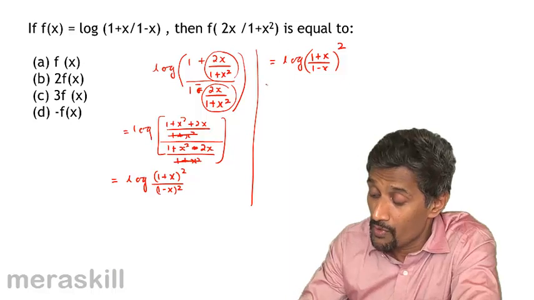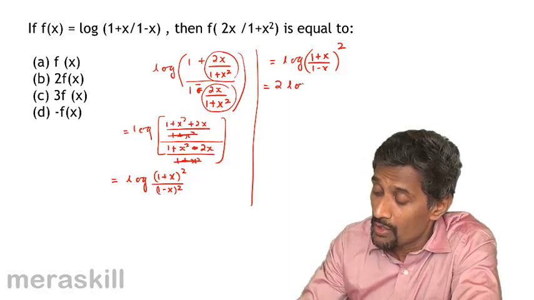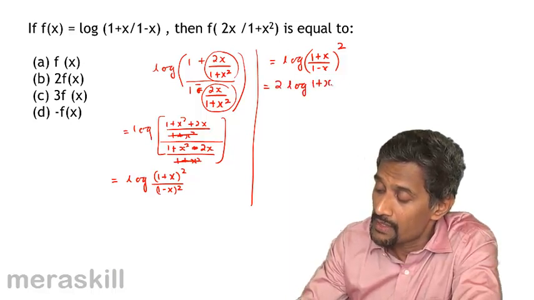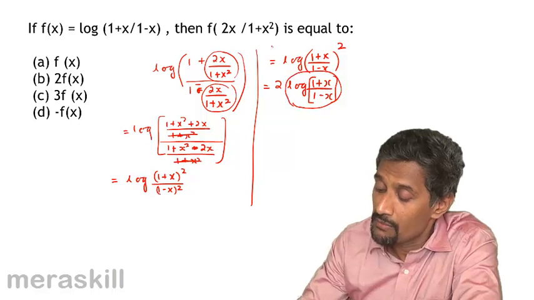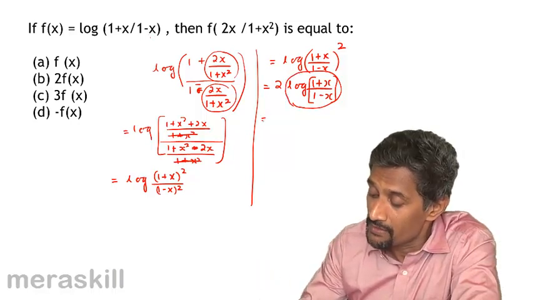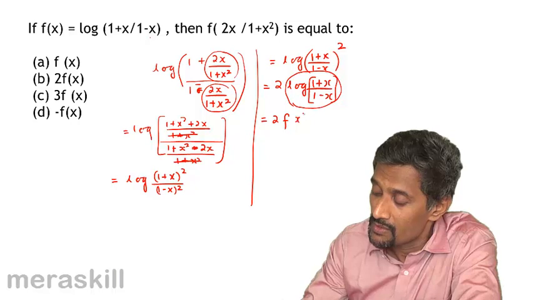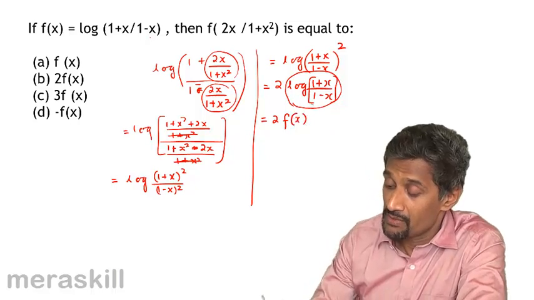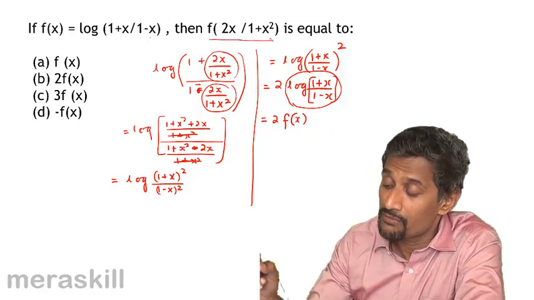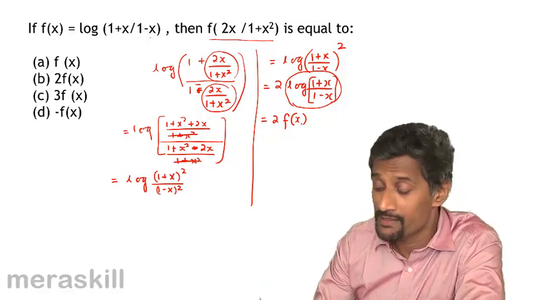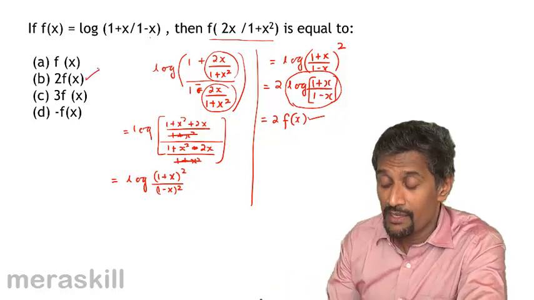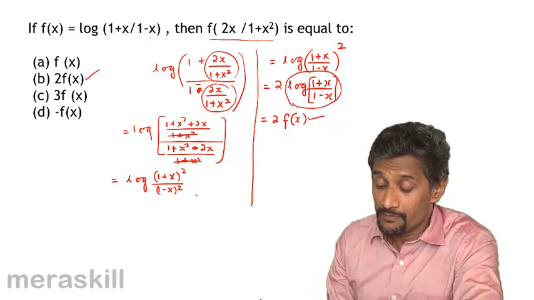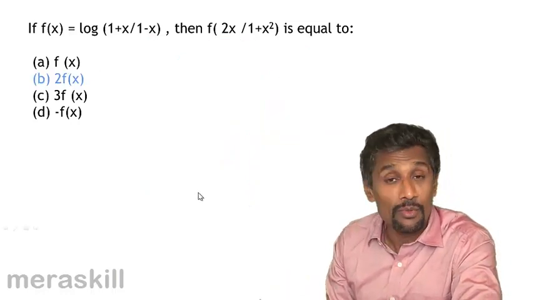As per the rules of log, this will turn out to be 2 log of 1 plus x upon 1 minus x, the most simplified form. But this log of 1 plus x upon 1 minus x itself is f of x. So this will become 2 times f of x. That means f of 2x upon 1 plus x square is nothing but twice f of x. So do we have it here? Yes, it is twice f of x.